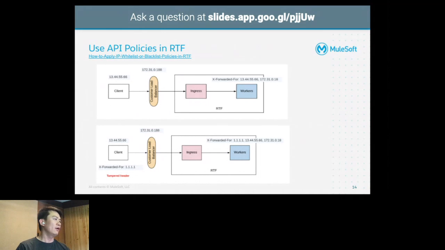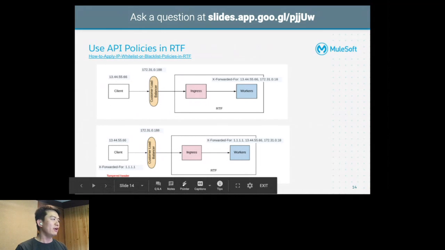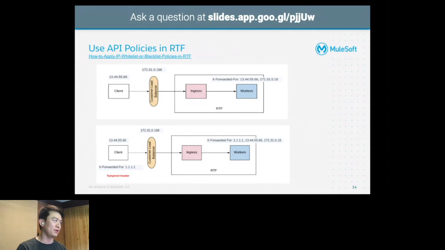In that case, what you can do is trust what the customer load balancer puts in this header, because it's in our control. What the customer load balancer puts in this header is the second to last entry. You can see it's the actual client IP address instead of the IP address put by the client itself, which can be a fake IP address.